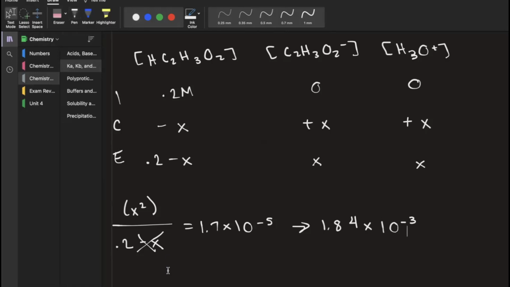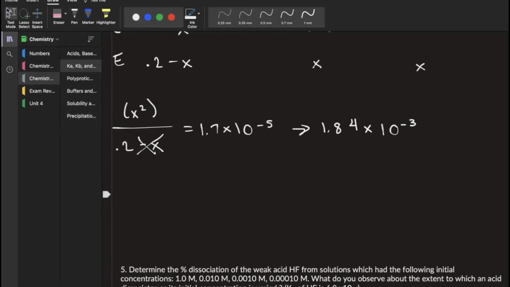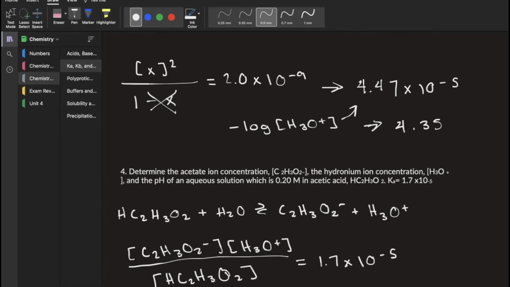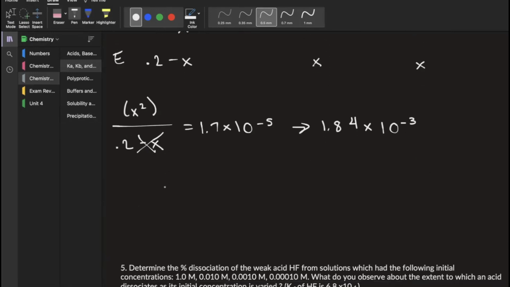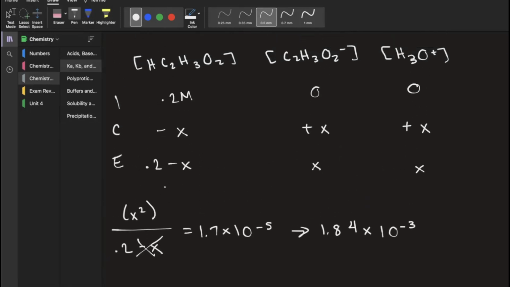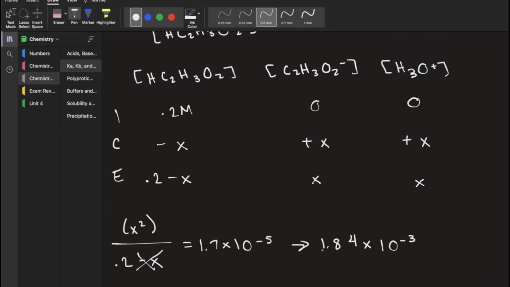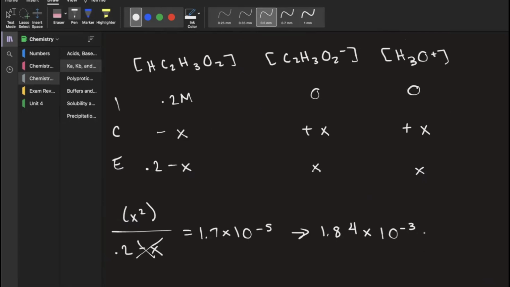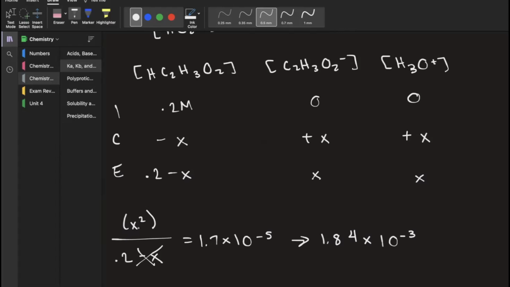Now, if we look back at the problem, what the problem is asking us for is the acetate ion concentration, the hydronium ion concentration, and then the pH. We know that the hydronium ion concentration is going to be this number, because we know that the stoichiometry is 1 to 1. So X is going to equal 1.84 times 10 to the negative 3.